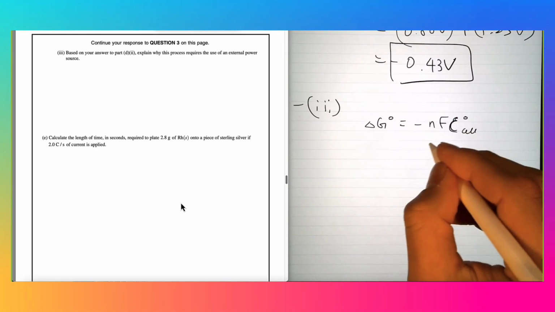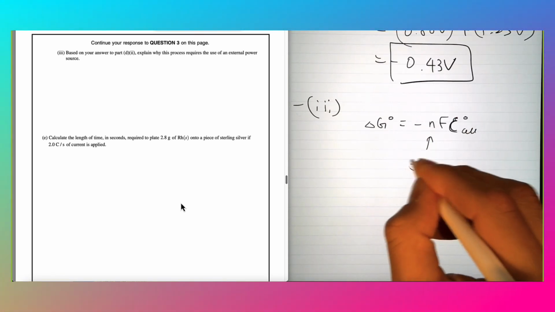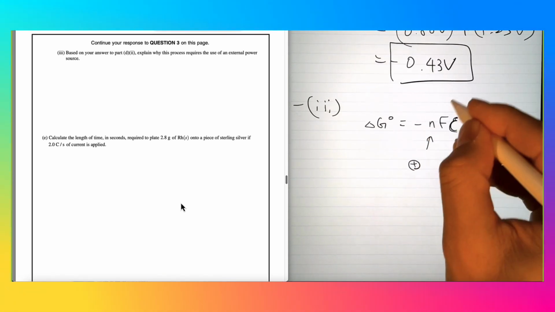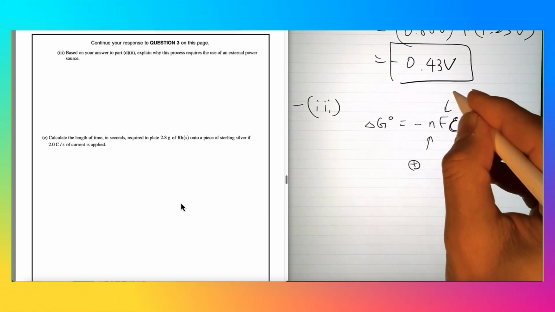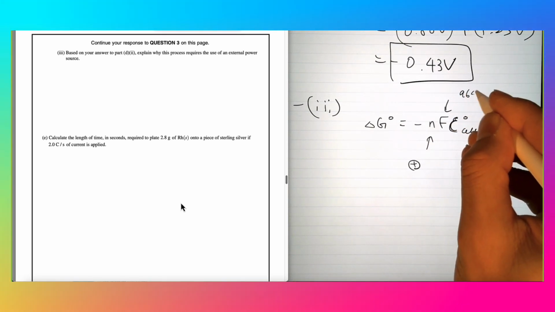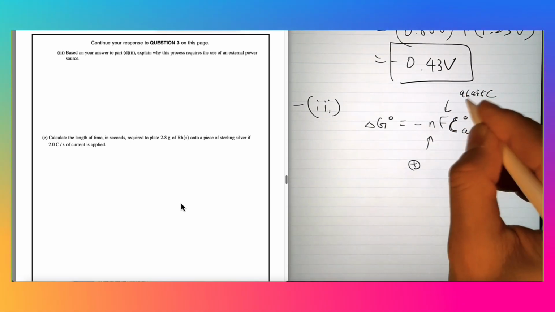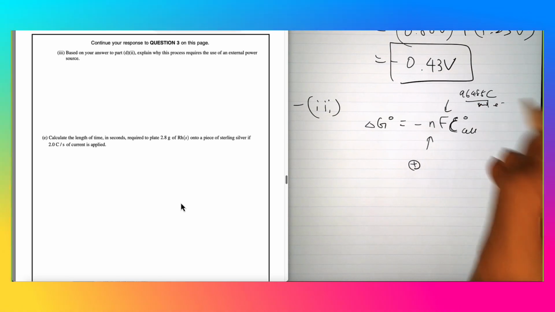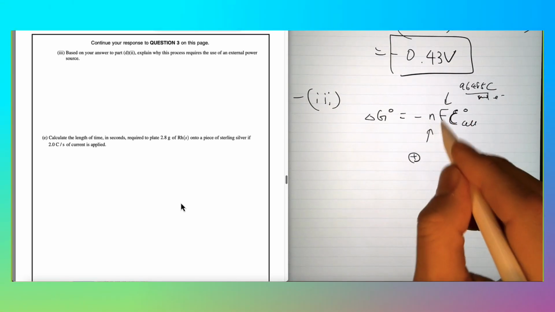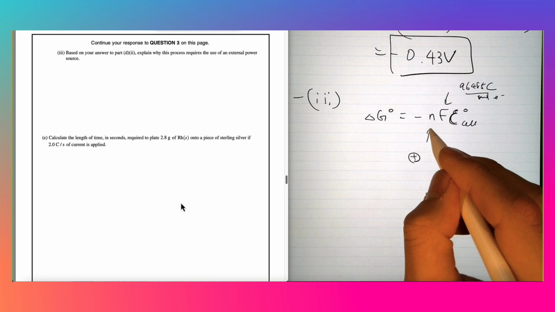Okay, so you guys know that N is a positive number. It's a number of moles of electron. And F is a Faraday's constant, 96,485 coulomb per moles of electron. So, okay, these are all positive.